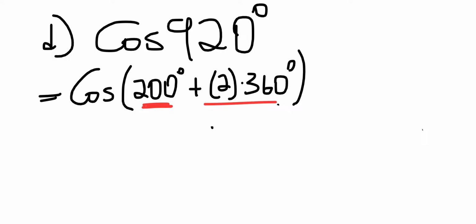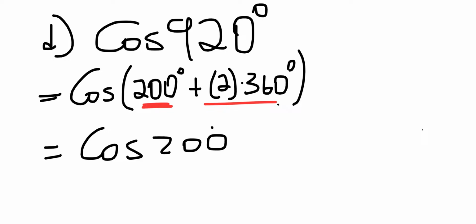Yes, that one completely disappears, and then all that you remain with is just cos of 200. You can even just write it as cos of 200 degrees.